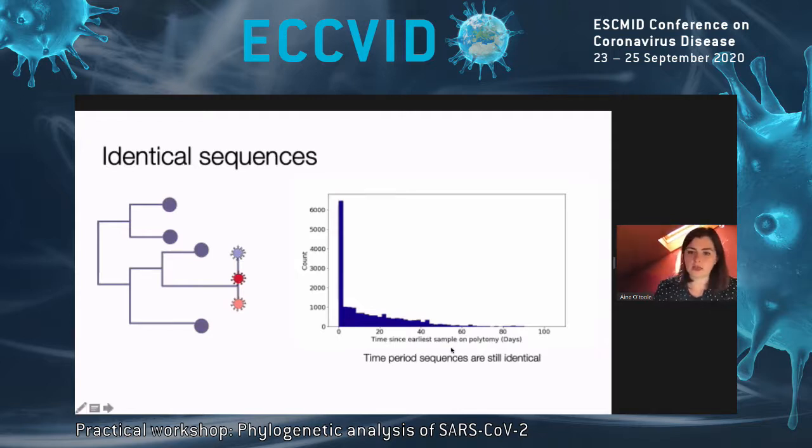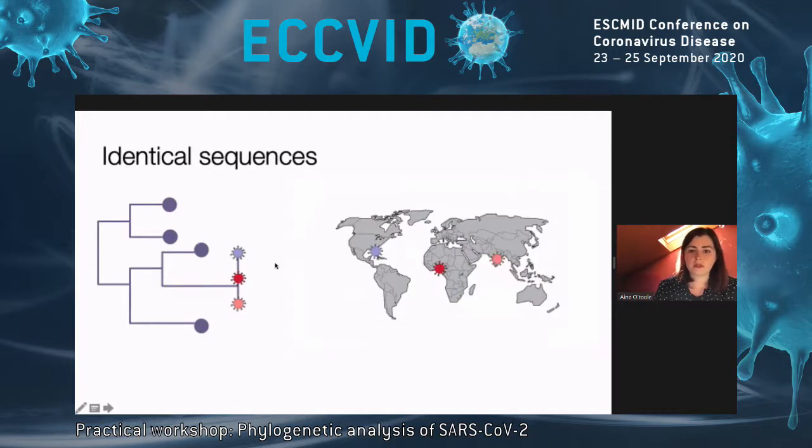And if you see, we actually have some samples that are 90 days apart that still exist on this same polytomy. Similarly, we see regularly samples that are sitting identical in the tree from all parts of the globe, particularly early on in the epidemic when before lockdown took place, there was a huge amount of international travel.